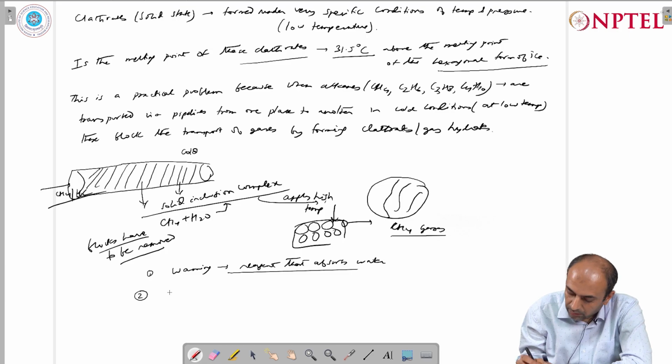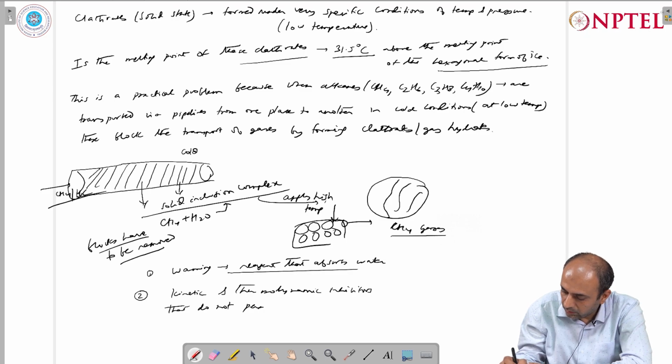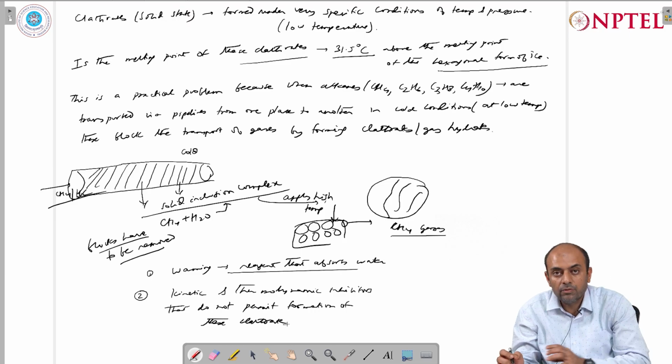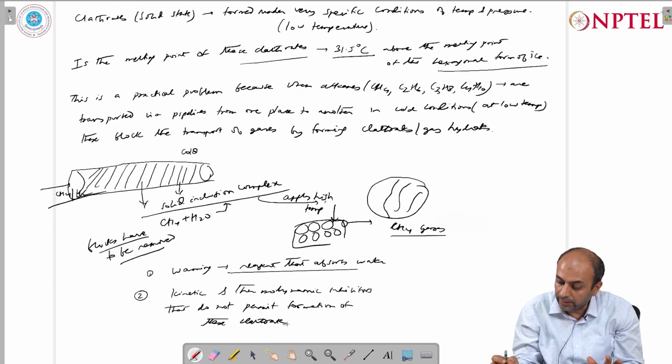And the second way is to add kinetic and thermodynamic inhibitors that do not permit formation of these clathrates. So we can add an inhibitor that prevents the formation of these hydrate-like or clathrate structures.